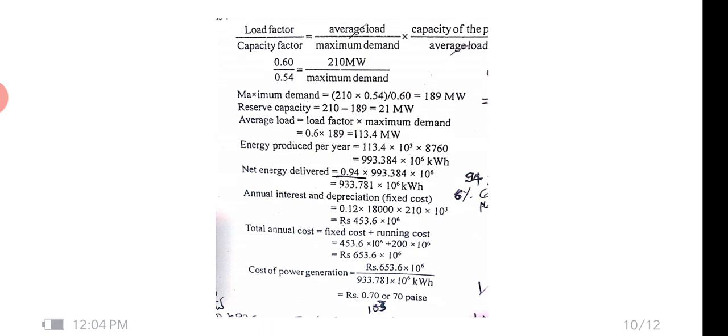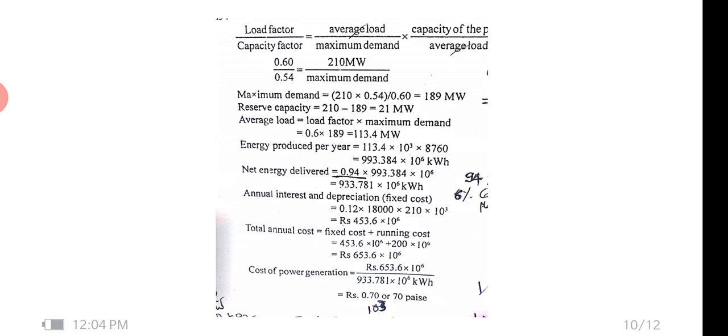So 18,000 into 210, that is 210 megawatt. So I will write 210 into 10 raised to 3 because it is to be converted into kilowatt. Here the cost is given in terms of kilowatt. So this becomes 453.6 into 10 raised to 6 rupees.